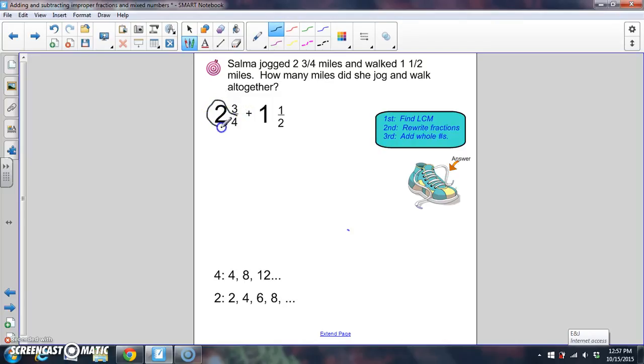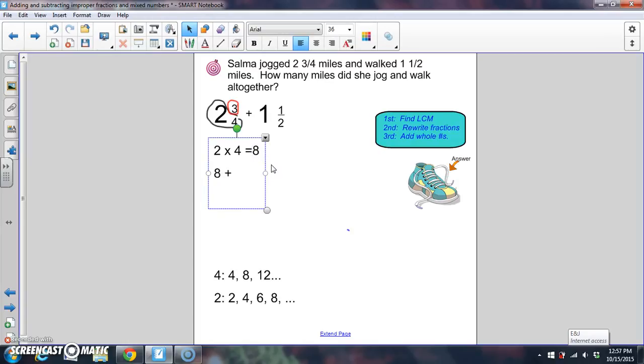So we're going to multiply 2 times 4, and we know that equals 8. Now we're going to add the numerator to that amount. So 8 plus 3, you bet it's 11.